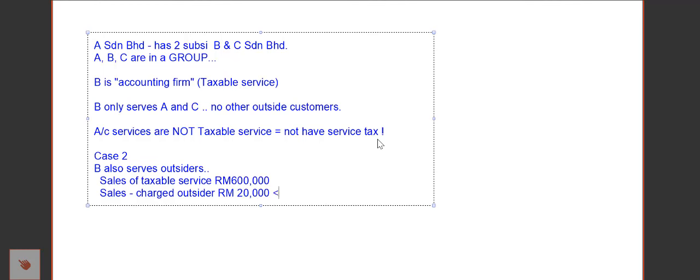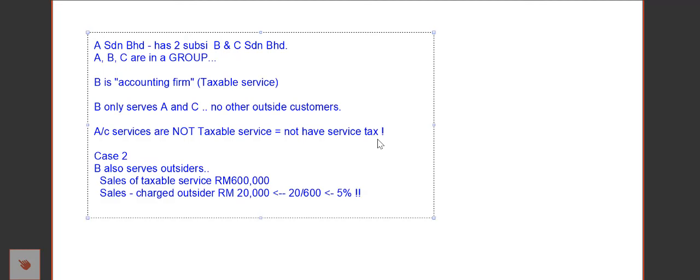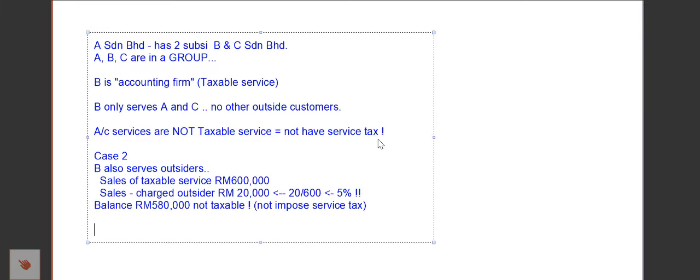So 20 out of 600 did not exceed the 5%, right? If it never exceeds 5%, that means the balance 580,000 is not taxable. So you will not impose service tax because you are still servicing your own group.